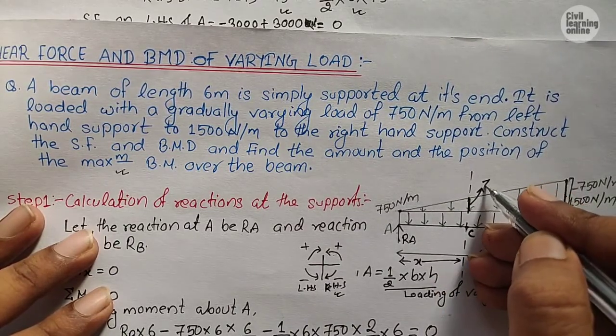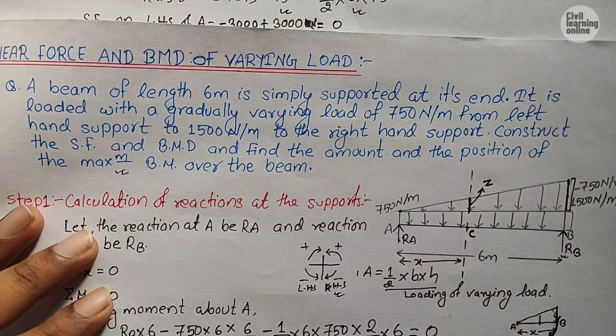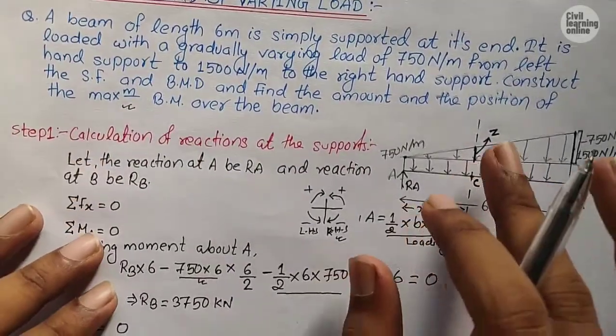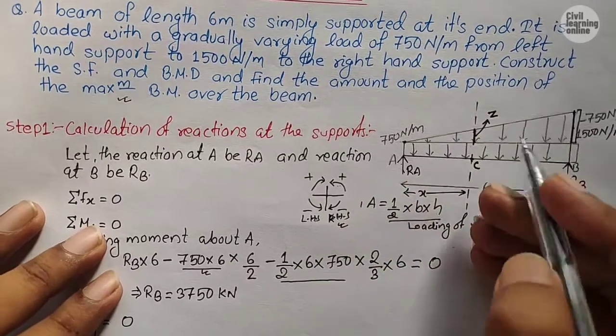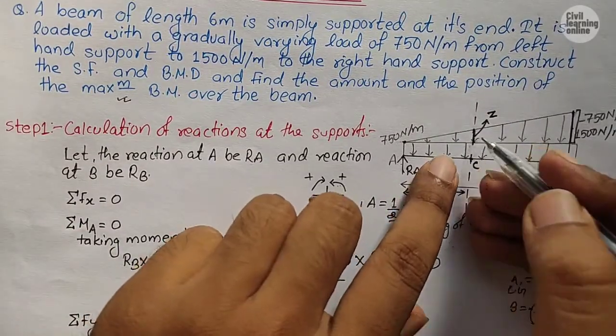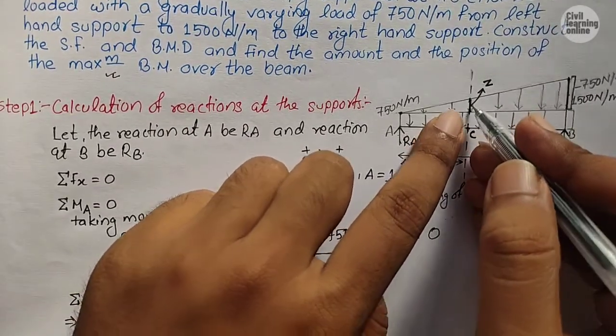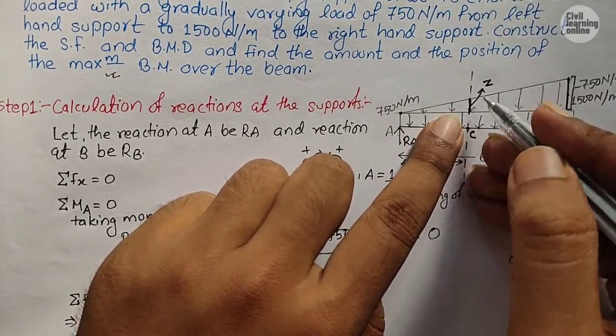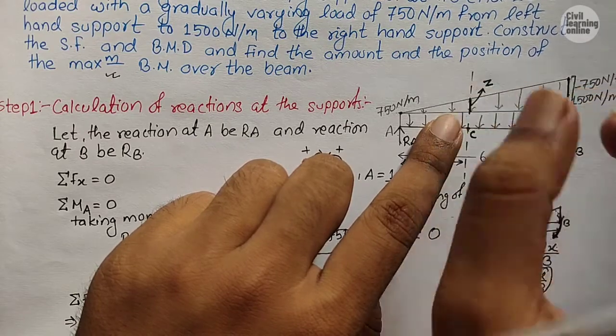Let this be denoted by Z. Now guys, we will be using the law of similar triangles, and the law of similar triangles says that the sides of similar triangles are proportional.